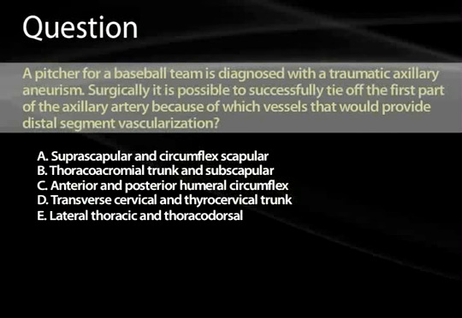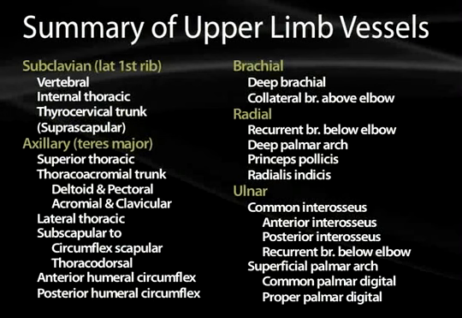Now, in looking at this, we'll learn a little bit later that it's the anastomoses around the shoulder where the suprascapular vessel will be coming from the subclavian artery, and the circumflex scapular will be coming off the distal components of the axillary artery, and they'll anastomose around the shoulder, giving an alternative blood supply pathway for any blockages that would occur within the axilla itself.